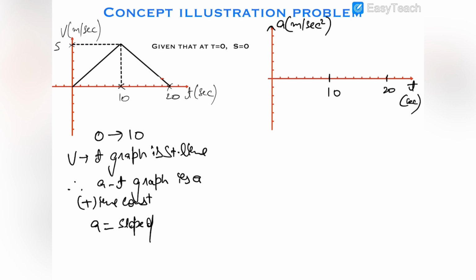The slope of this VT graph in 0 to 10 would be 5 upon 10. So acceleration would be 5 upon 10, which is 1 by 2. So acceleration is plus 1 by 2. So we can draw the AT graph. This is plus 1 by 2.